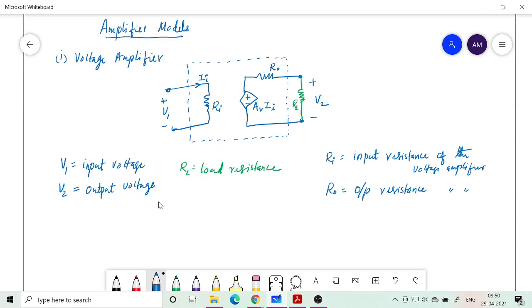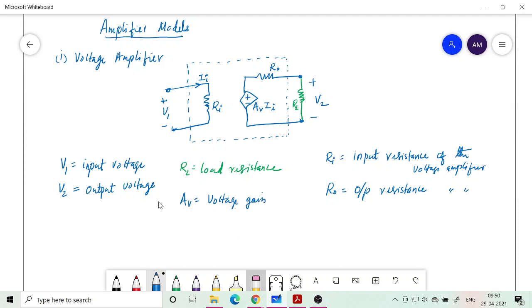Okay, now there is another component which is AV into II. What is it? AV is called the voltage gain.